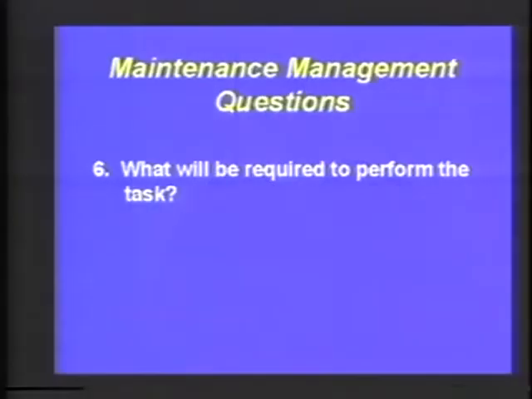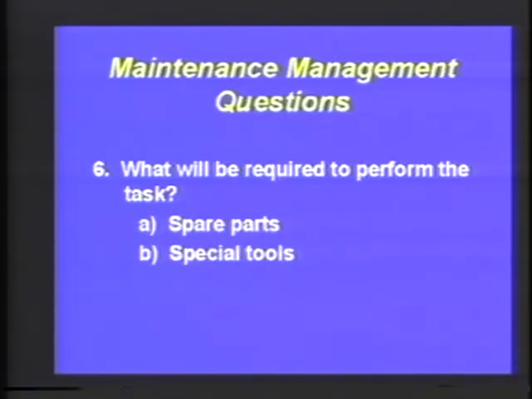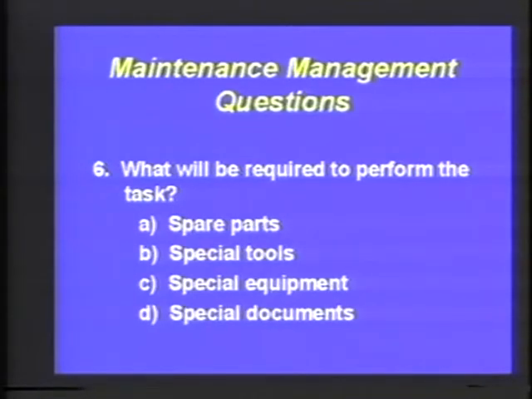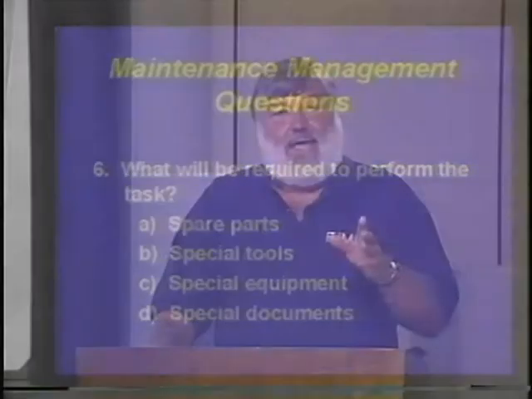And then item number 6 is the basic requirements of what we call the spare parts, the special tools, the special equipment, and any special documentation that is required. So these 6 questions are going to be paramount in supporting a successful CMMS program when it comes to planning and scheduling.